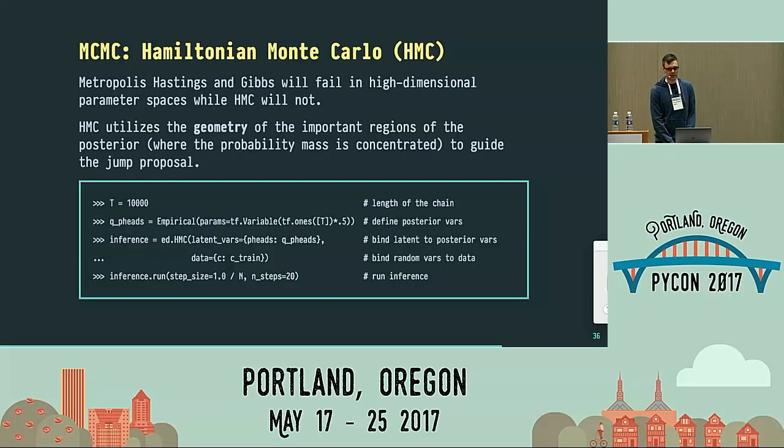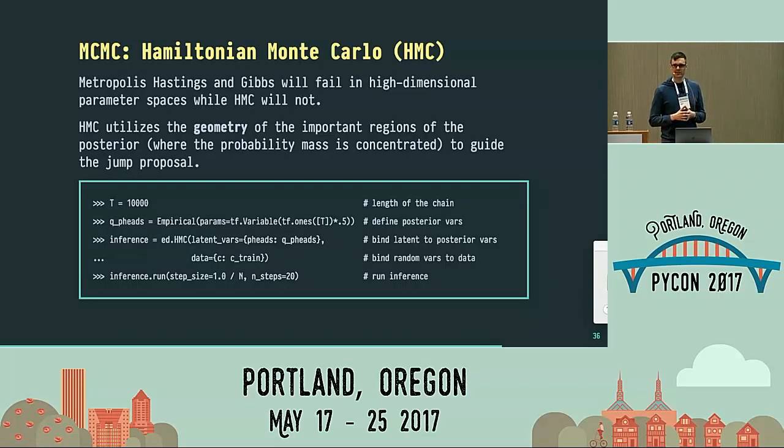So the truth is that Metropolis Hastings and Gibbs will fail in high-dimensional parameter space. That means if your coin toss fairness was not a one-dimensional variable, basically a value between 0 and 1, but a vector in a high-dimensional space, let's say not 3 dimensions, but 1,000 dimensions. Well, actually, it starts getting problematic already in smaller dimensions, but let's make the point.